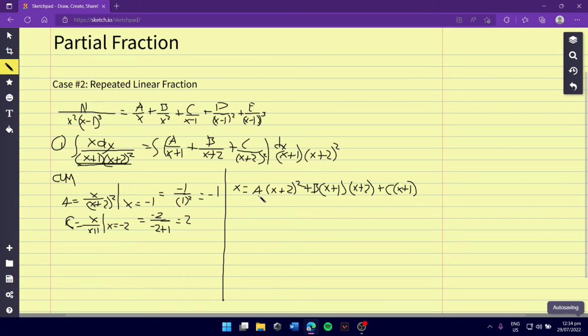Next, since we know the value of our A and the value of our C, we'll substitute that in this equation. So we have A, which is -1, so we put it as negative, and then copy B, x plus 1, x plus 2, then your C, which is 2, put it here, x plus 1.